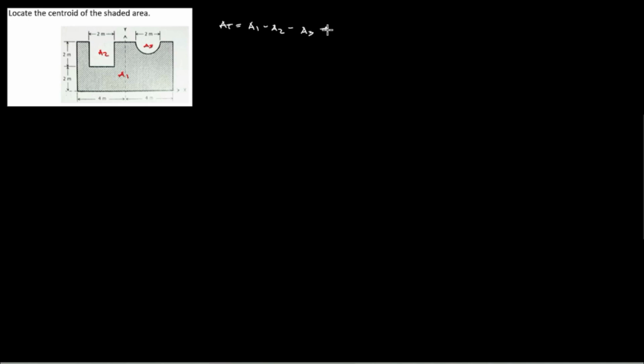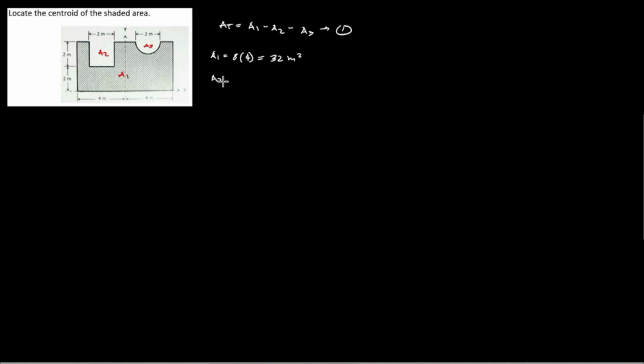That's equation 1. Find area 1, which is the big rectangle. The dimensions are 8 meters by 4 meters. So 8 times 4 is equal to 32 square meters.